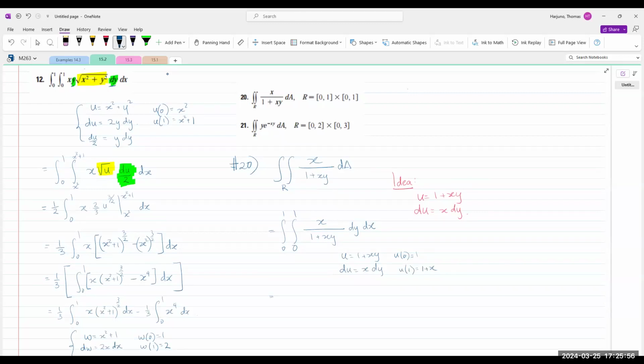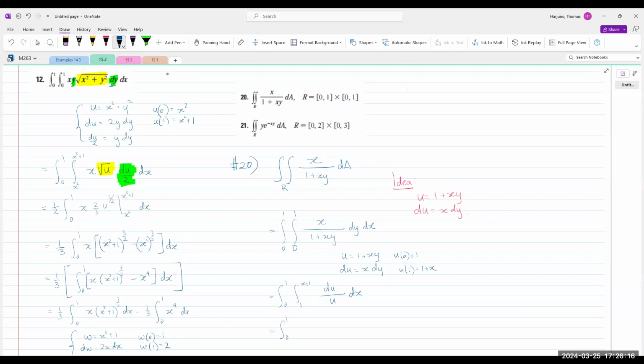So my integral now is the integral from 0 to 1, integral from 1 to x plus 1, of x dy that becomes du, 1 plus xy that's u, dx. So that's the integral from 0 to 1.